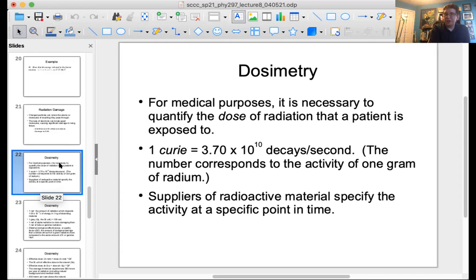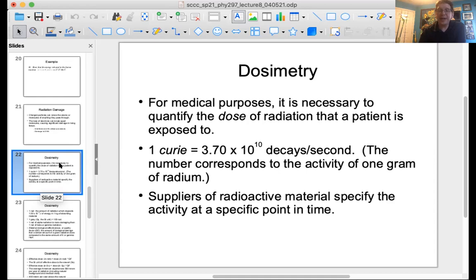One Curie, named for Marie Curie, the famous scientist from about 100 years ago, one of the pioneers in the study of radiation, is equal to 3.70 times 10 to the 10 decays per second. That corresponds to the activity of 1 gram of radium.